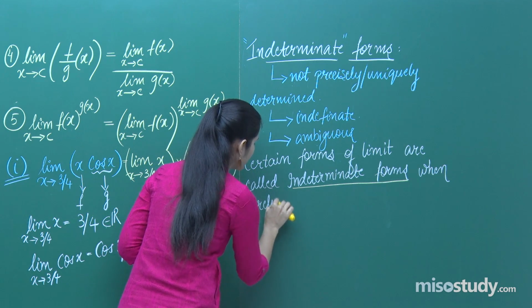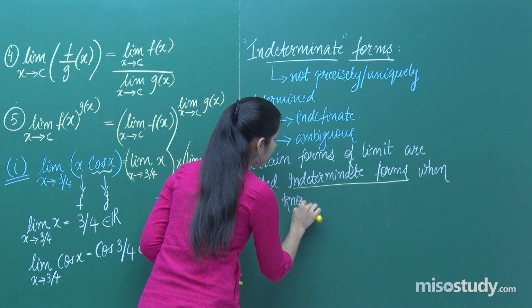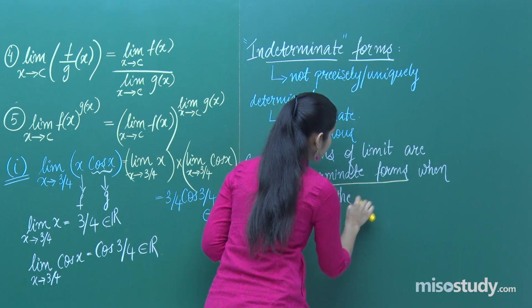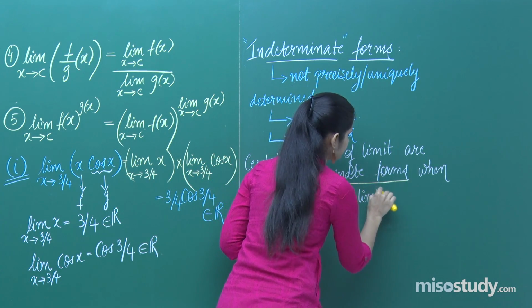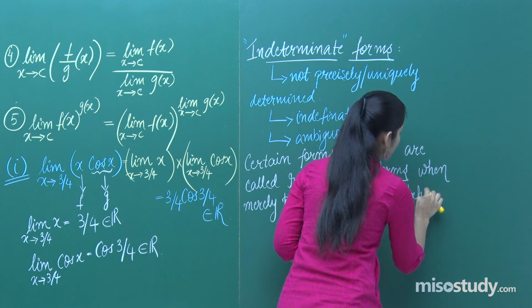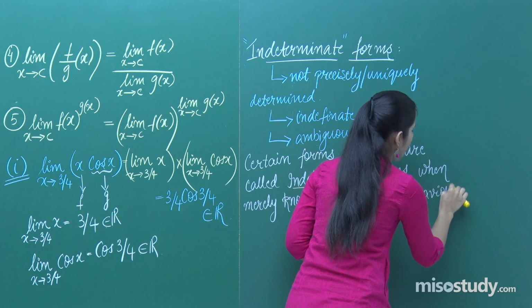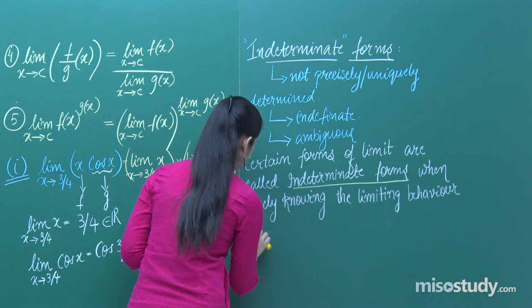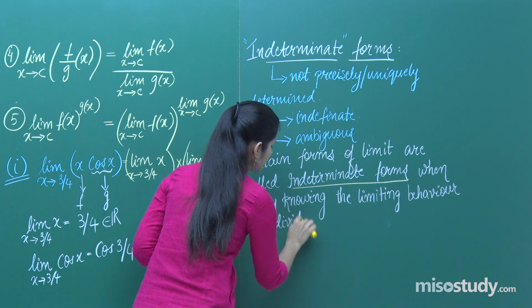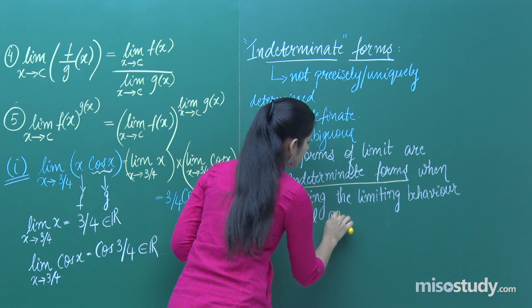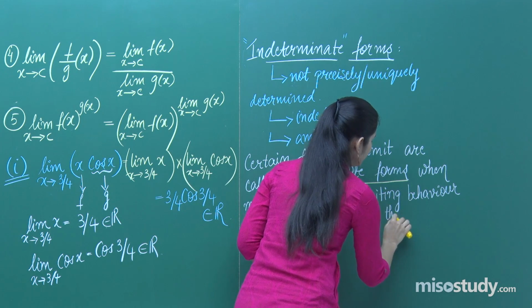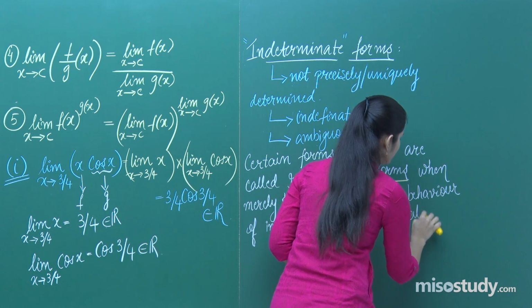merely knowing the limiting behavior of individual parts of the algebraic expression.